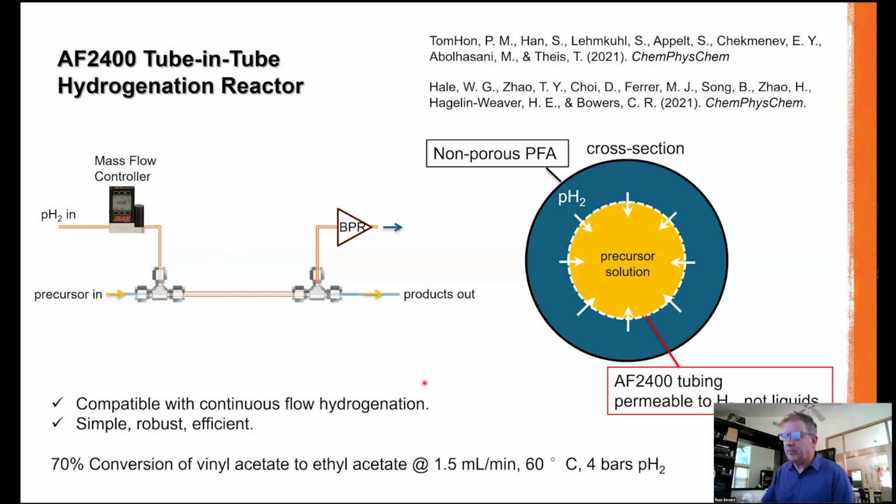We found this to be inherently compatible with continuous flow hydrogenation, and it's simple, robust, and efficient. For example, for the hydrogenation of vinyl acetate at a flow rate of 1.5 mL per minute, we could see about 70% conversion to ethyl acetate.